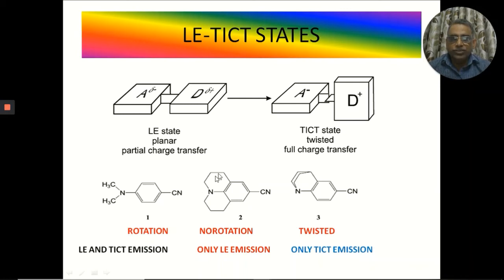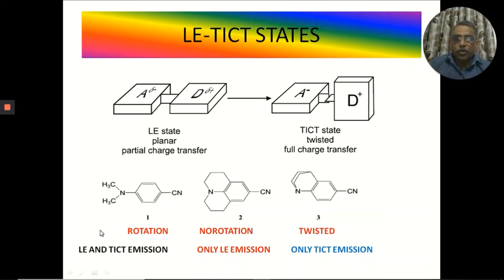You can see the second molecule, which completely freezes the rotation because it is covalently linked, and in the third molecule rotation is frozen, but it is twisted because of the groups connected to it. You have a ring system connected to the nitrogen, so it is itself in a twisted orientation.